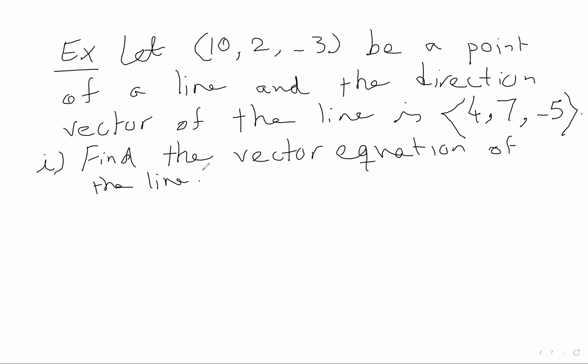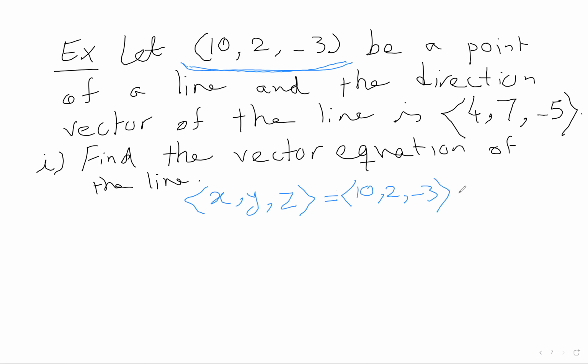This is something that we have already done before. So one point x, y, z that I showed as a vector. The vector that connects the origin to any point x, y, z on the line is going to be the position of the given point as a vector, which is the vector 10, 2, -3 plus t times the direction vector 4, 7, -5.